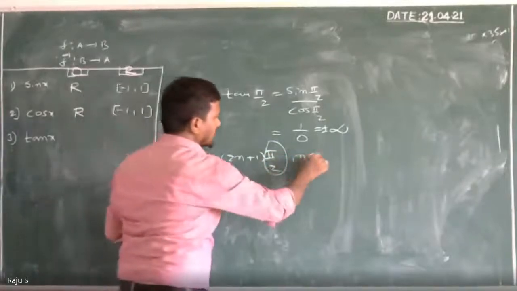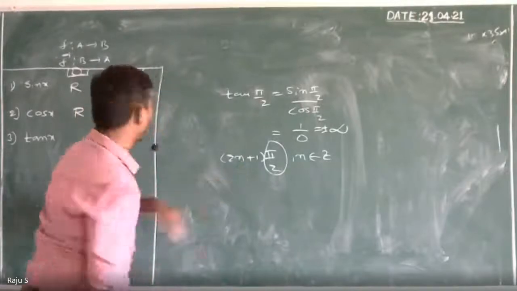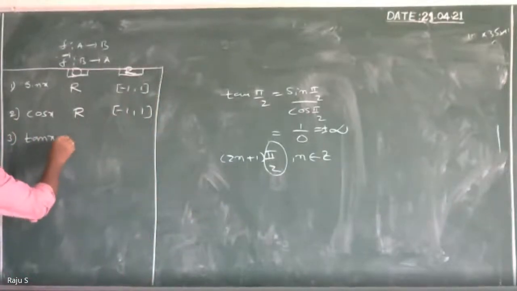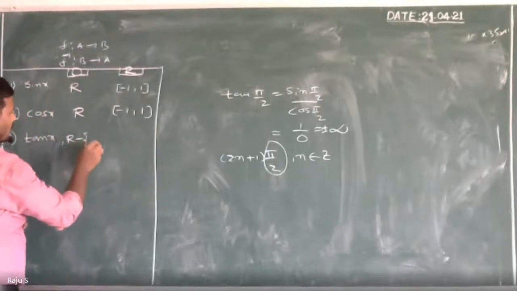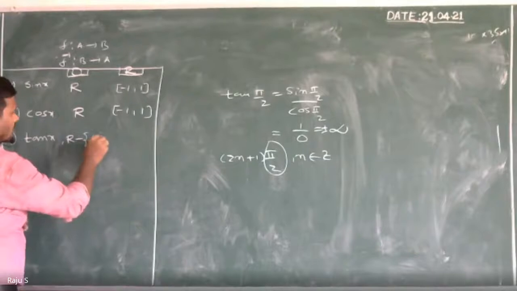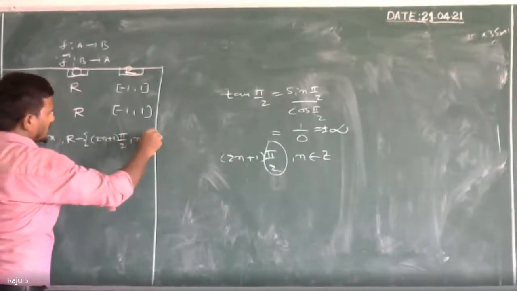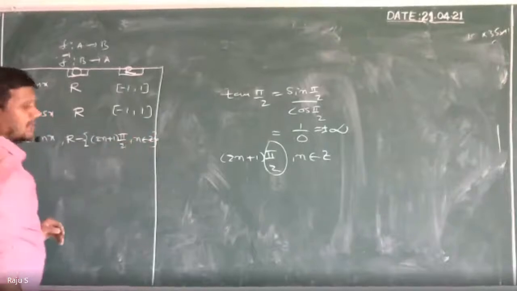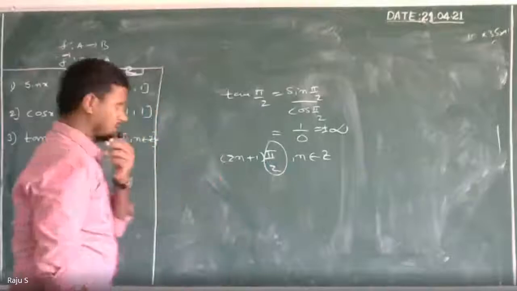Here n belongs to Z, so substitute n as a positive or negative integer. So here the domain is other than those values: R minus (2n plus 1) pi by 2, n belongs to Z. Am I right?